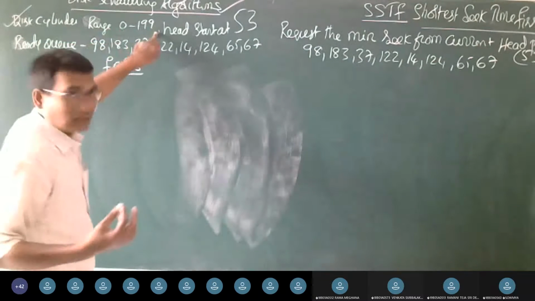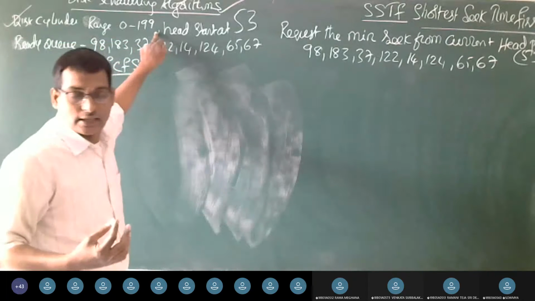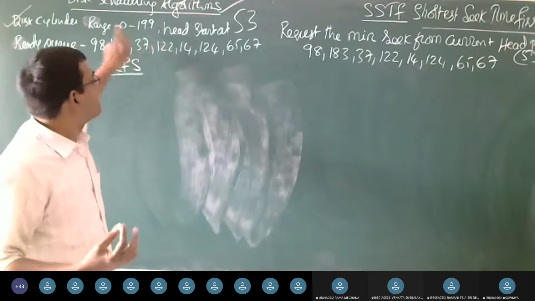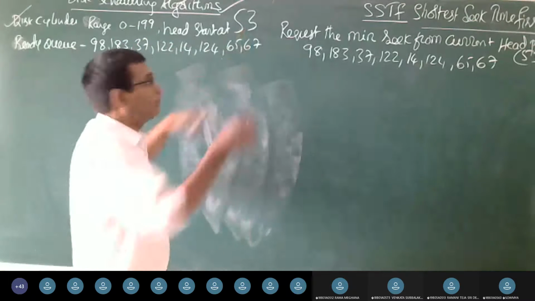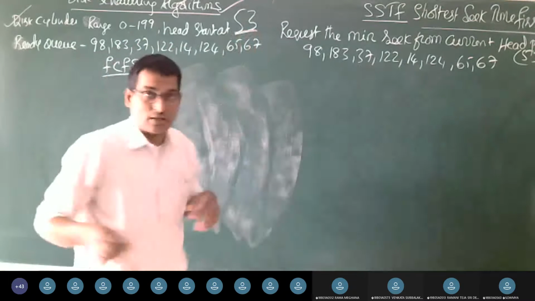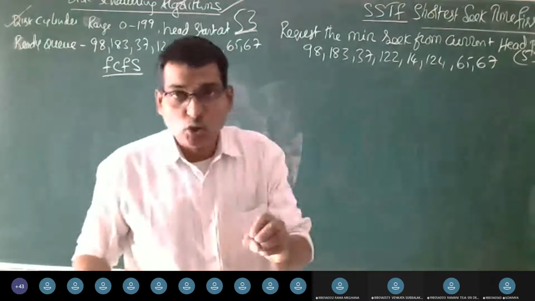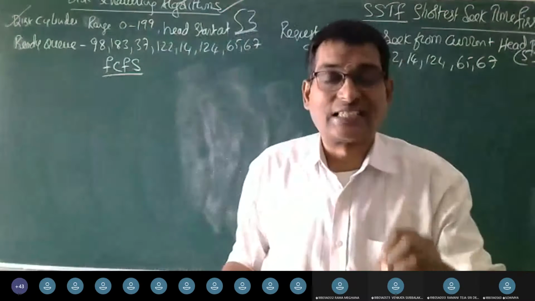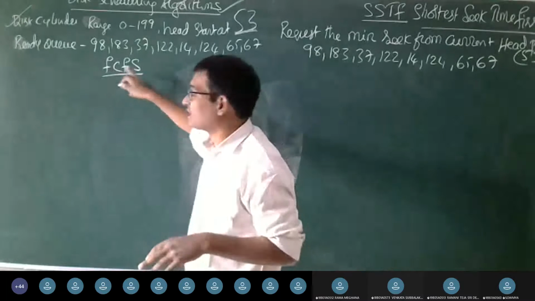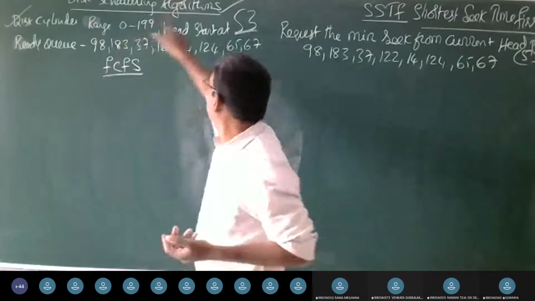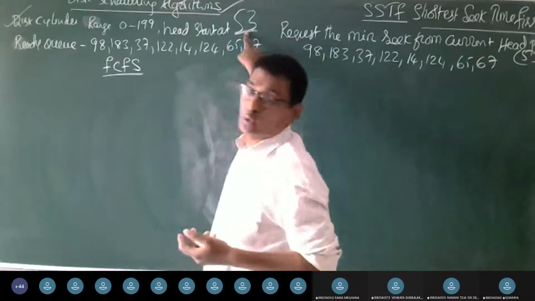Now let us look into this algorithm. There are 200 cylinders numbered from 0 to 199, and the present location is at 53. Assume we use the first come first serve disk scheduling algorithm.